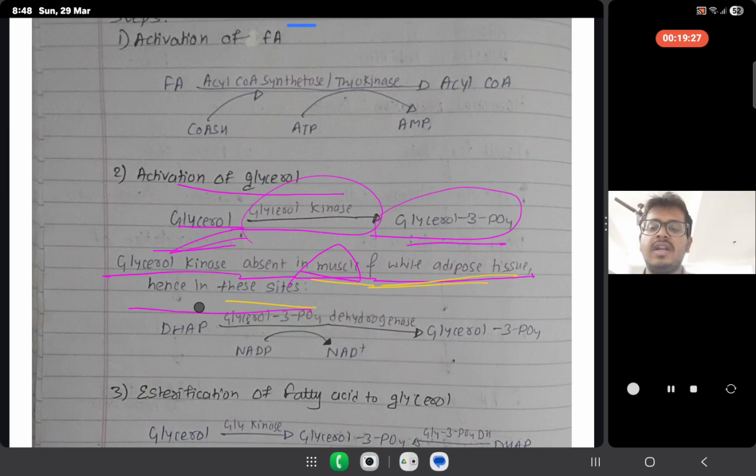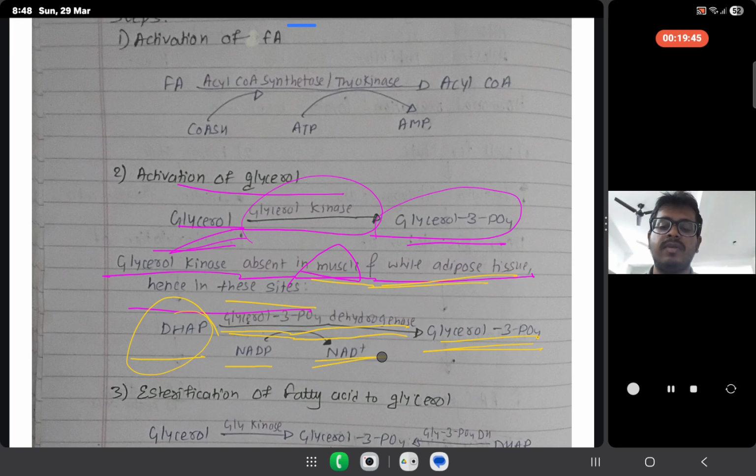Hence in these sites, DHAP, dihydroxyacetone phosphate, is converted to glycerol 3-phosphate in presence of glycerol 3-phosphate dehydrogenase. By the conversion, NADH is converted to NAD plus. How is glycerol being activated?